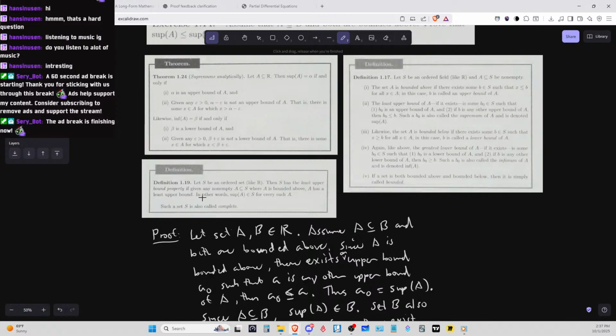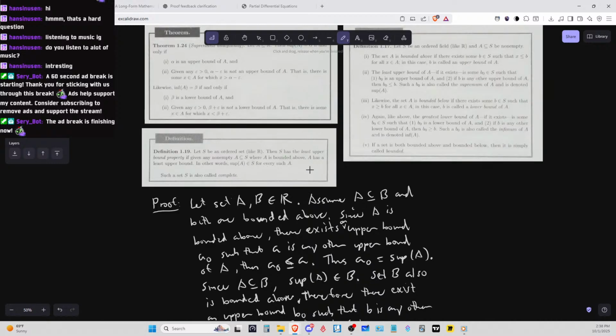So A has the least upper bound, in other words the supremum, for every such A.